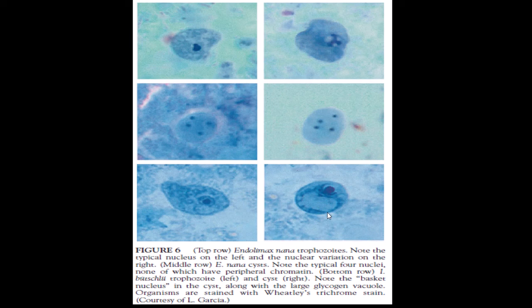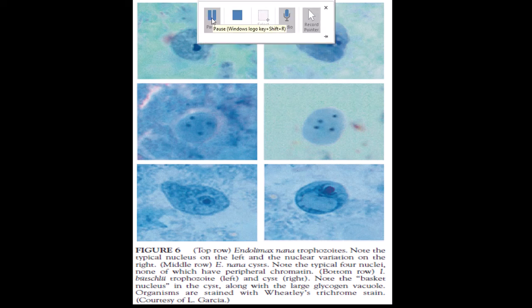So the irregular nuclei in this one, and large ones as well, indicates the Endolimax nana. You just need to differentiate or say that this is not an Entamoeba histolytica. Maybe this will be enough for physicians at least.